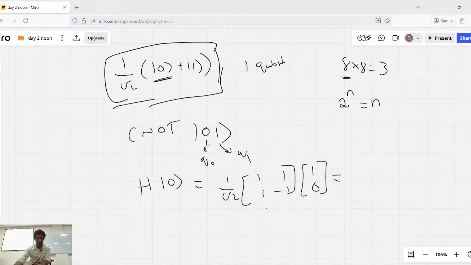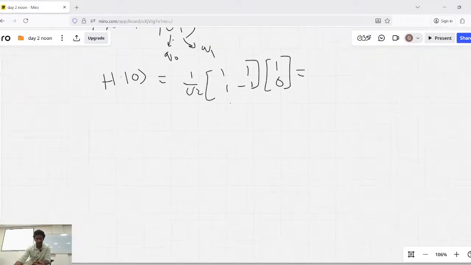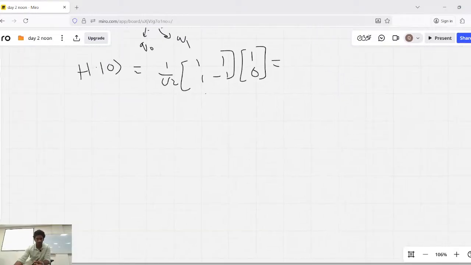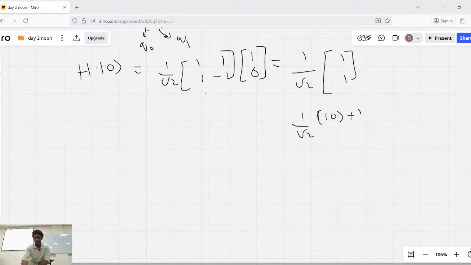So we will be getting what? Instead of that, you can just directly do it by using 1 by root 2. So 1 by root 2, 1 by root 2, 1 by root 2, and minus 1 by root 2, times 1, then 0. If you do all the operations, you'll be getting 1 by root 2 of 1 and 1, thereby giving rise to 1 by root 2 of ket 0 plus ket 1.